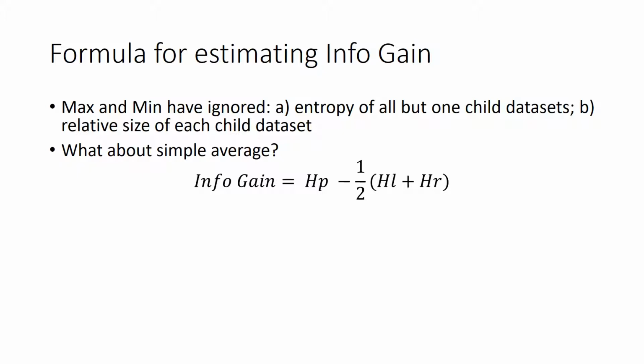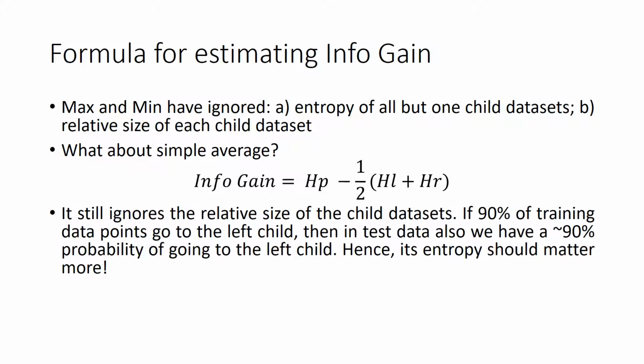So what about simple average? Well, it turns out that the simple average is still missing out on the relative size of each child data set, right? I have factored in the point A, but the point B is still ignored, right? The relative size of each child data set is still not taken into account. So let's take an example.